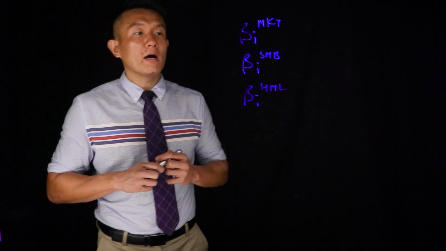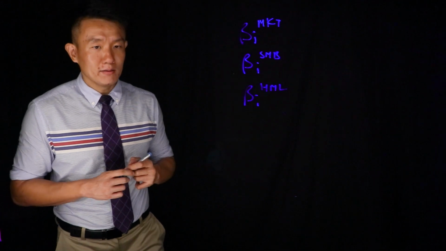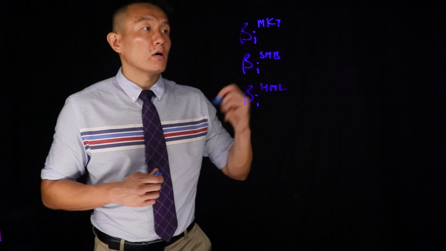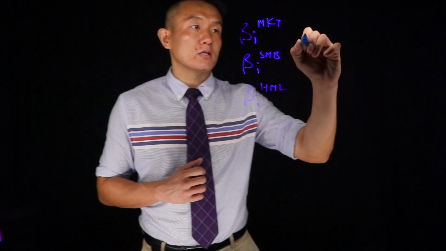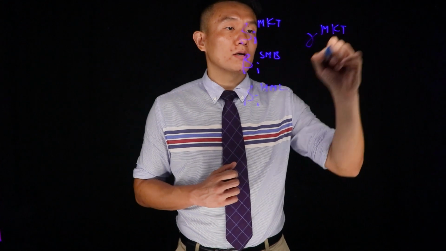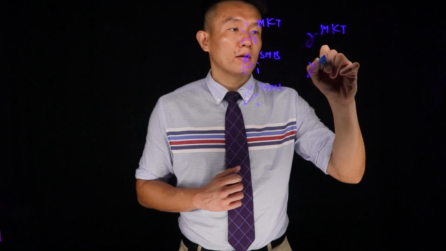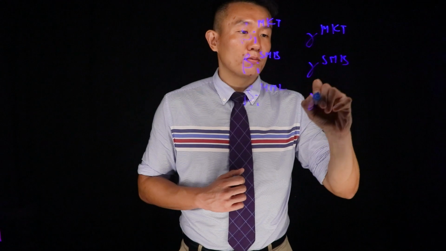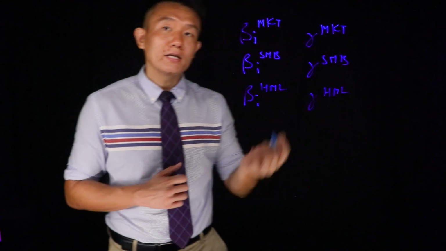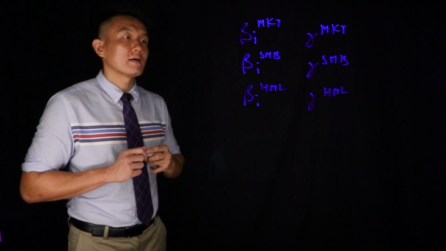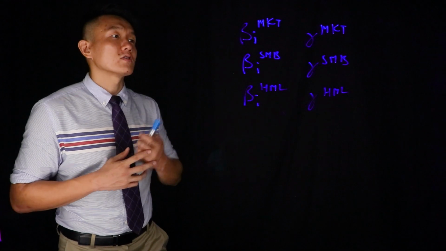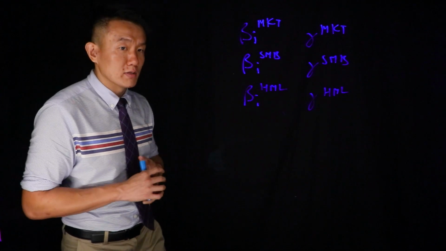And then once you have each stock's beta, you're going to run the cross-sectional regression and get these risk premia that represent how much compensation each stock is going to get for exposure to each of these risk factors.